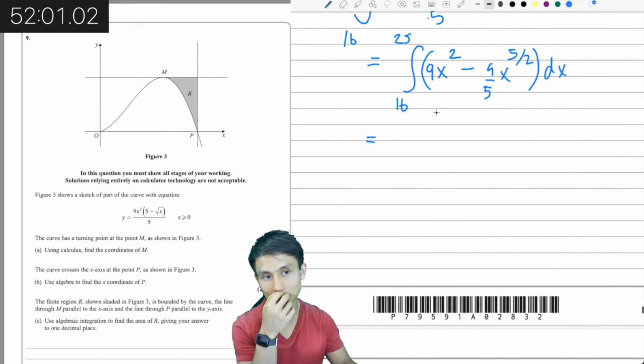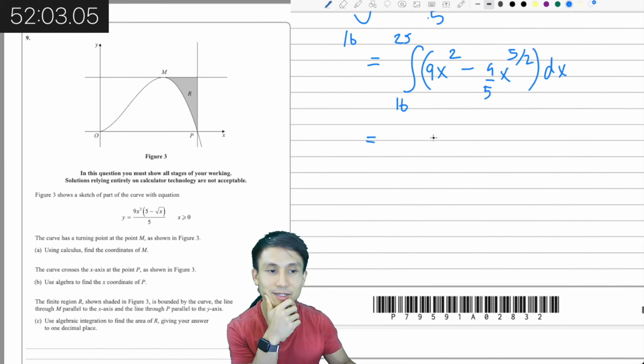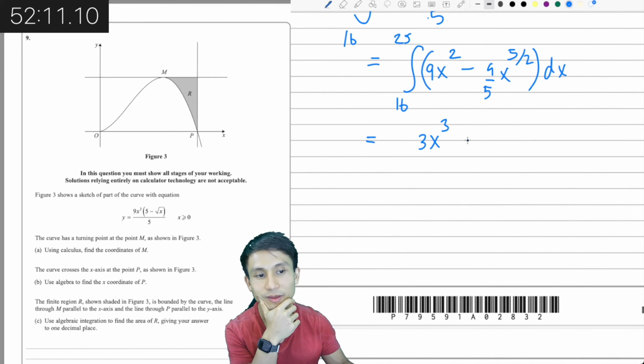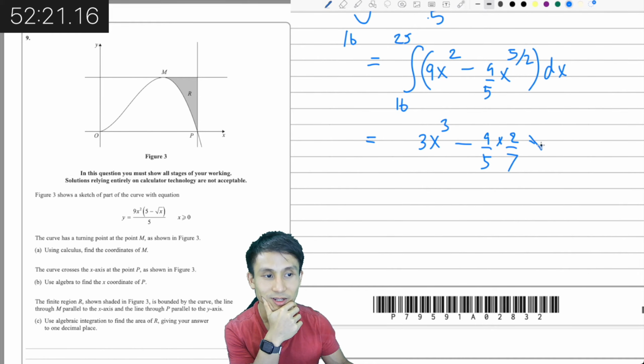So integrating separately, adding the power by 1, we get x cubed divided by 3, so we get 3x cubed, minus, 9 over 5, adding the power by 1, we get 7 over 2, so we multiply by 2 over 7, and this is x to the power of 7 over 2.